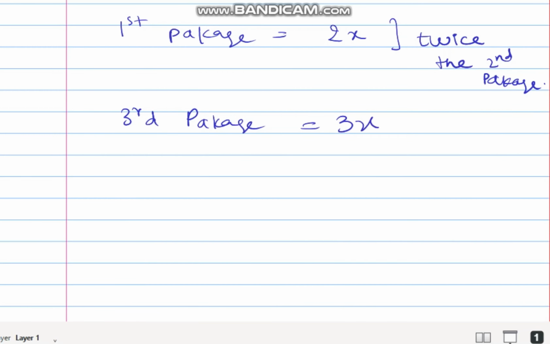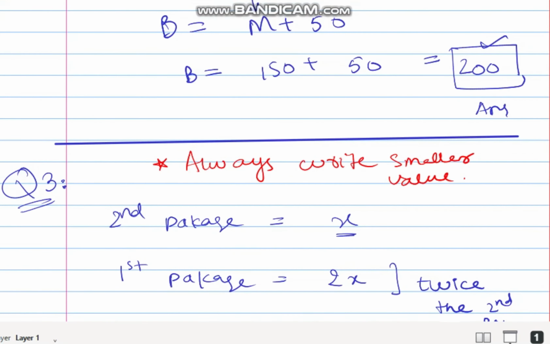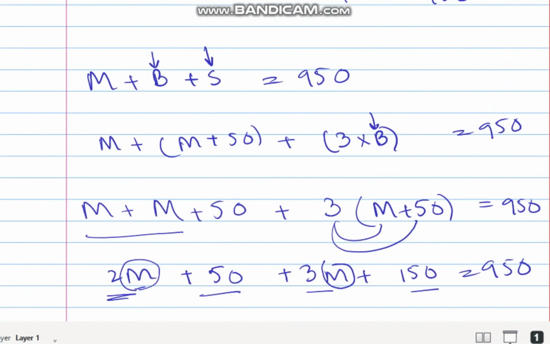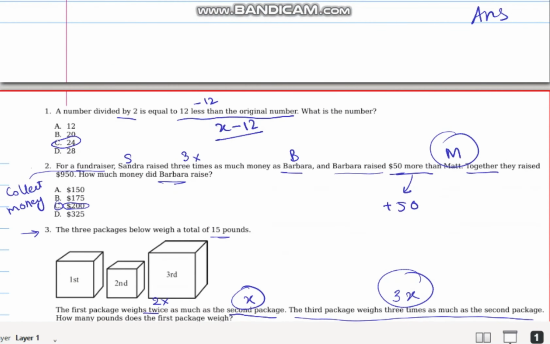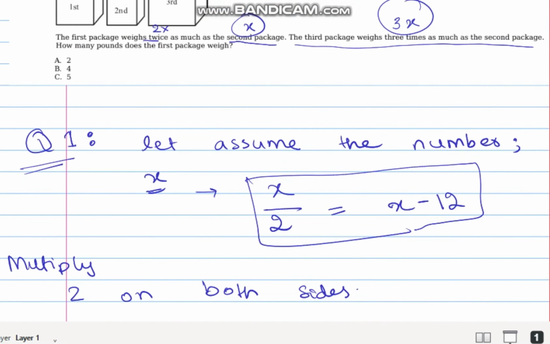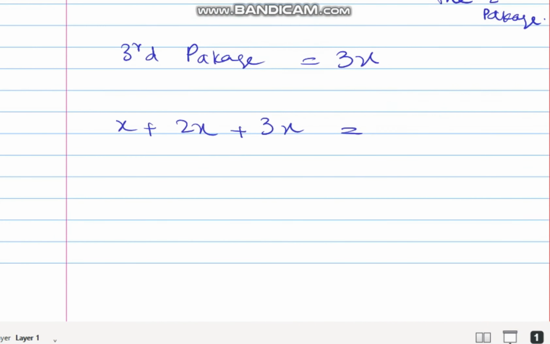Now we have been given the total, and we know the total. I am adding all of these packages. What is the total given to us? It is 15. Okay, very good. We add these things and it will be 6x equal to 15.